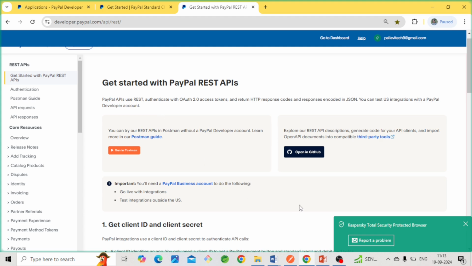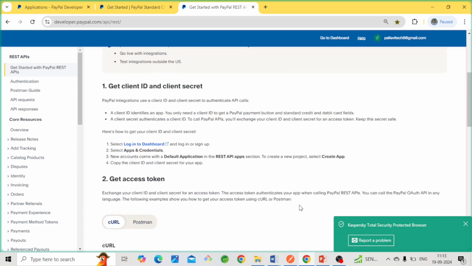Next, we will see how to get the client ID and the client secret. In order to make a PayPal integration, it needs a client ID and client secret.